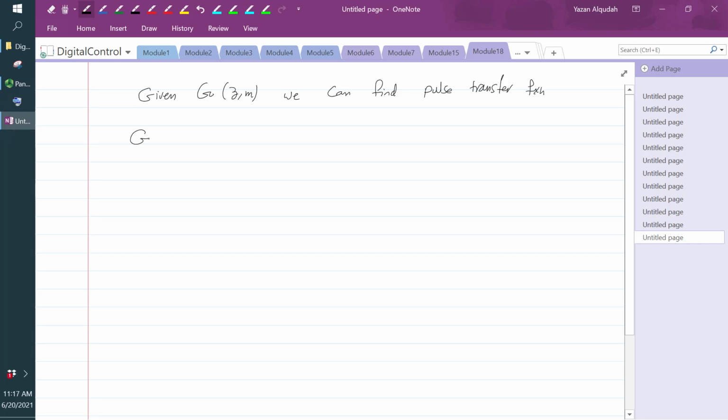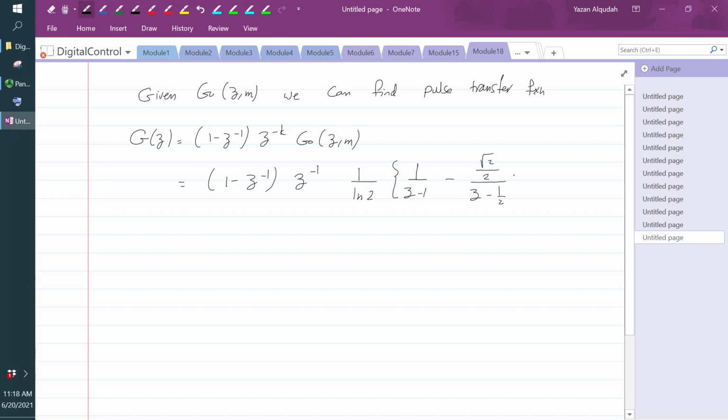G(z) is going to equal (1 - z^(-1)) z^(-k) G0(z, m), and therefore if I plug in these values with what we calculated, (1 - z^(-1)) z^(-1) multiplied by 1 over natural log of 2, multiplied by 1 over z - 1, minus square root of 2 over 2 over z - 1/2.